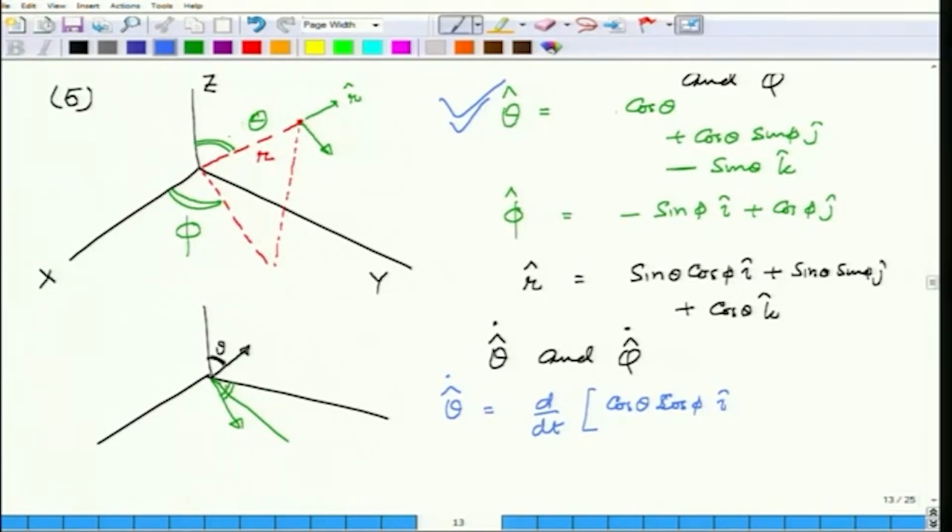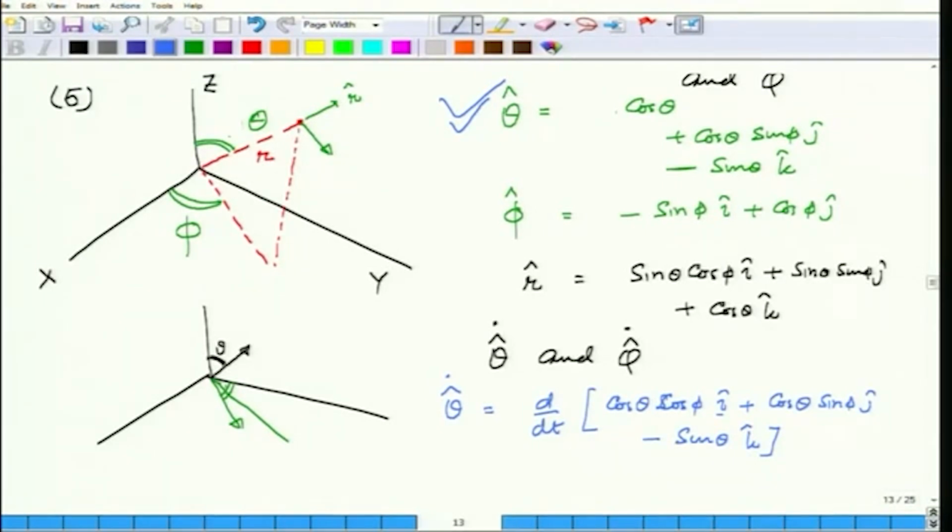Writing these vectors in terms of Cartesian unit vectors helps, because Cartesian unit vectors are fixed and therefore I don't have to differentiate them with time. And let me differentiate them.